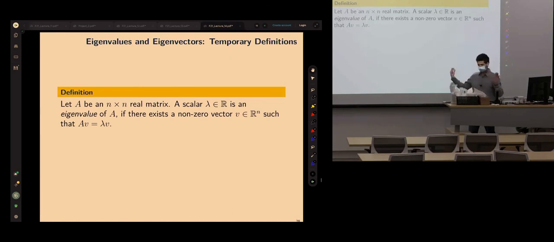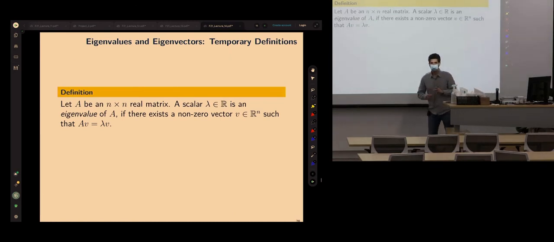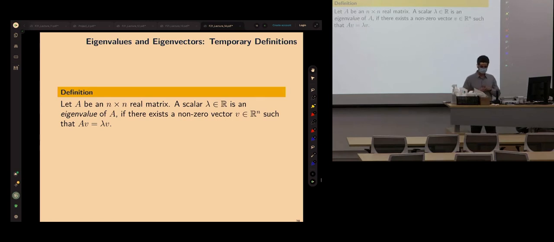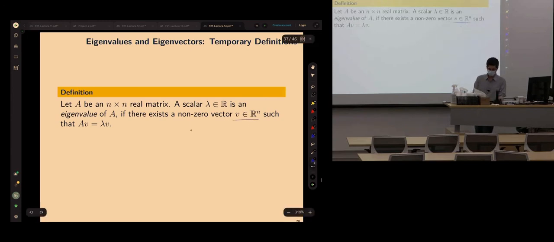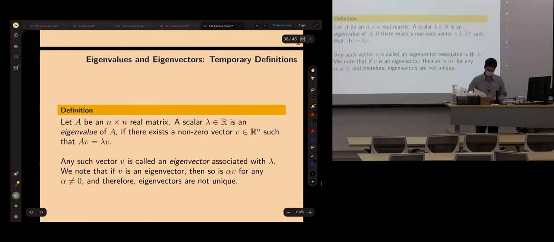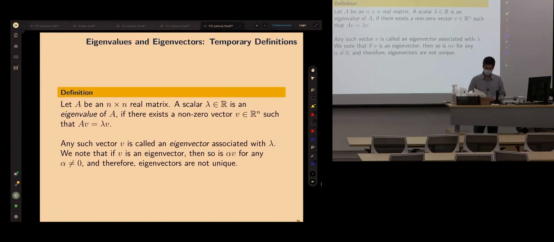So a temporary definition, this is not the full story because we're talking about real cases. Things are more complicated than they seem. A scalar lambda is an eigenvalue of A if there exists a non-zero V, V should not be just a zero vector, such that A times V equals lambda times V. We call V the eigenvector and lambda the eigenvalue.